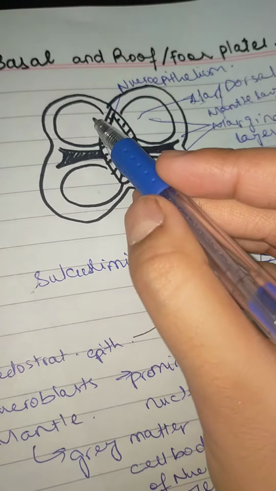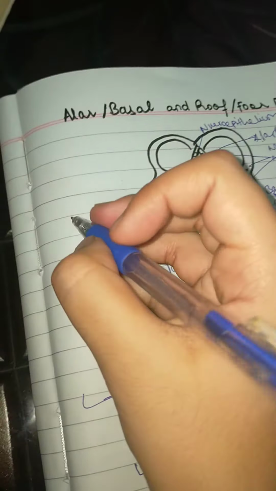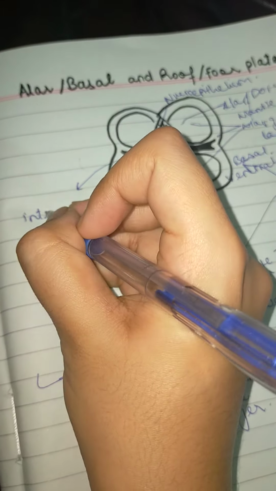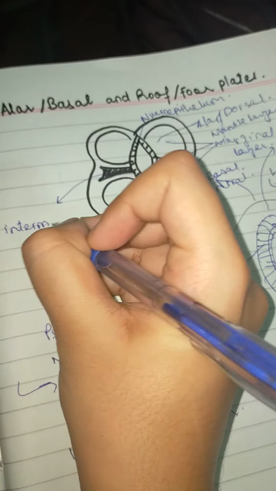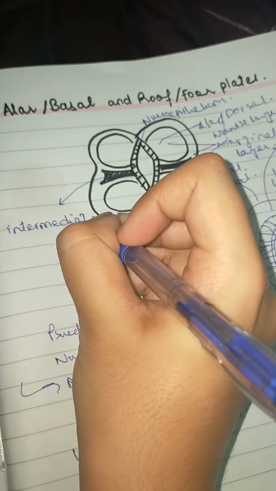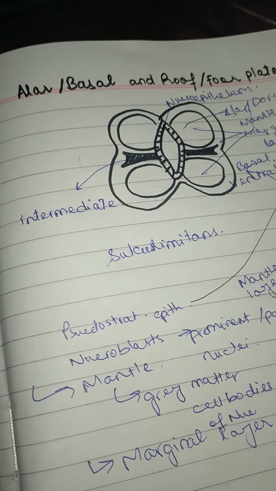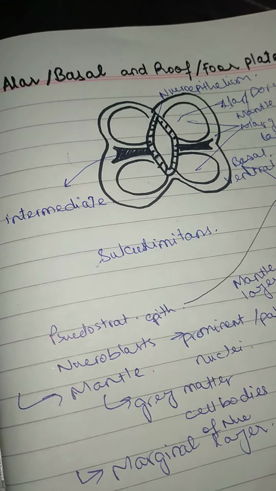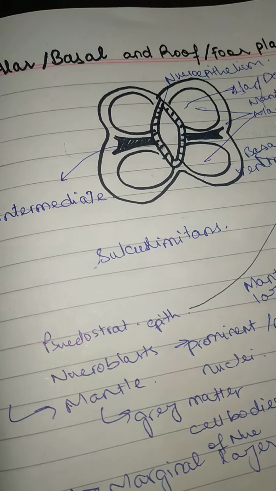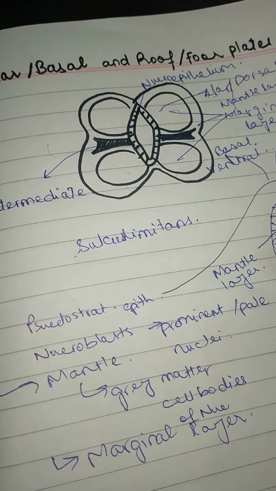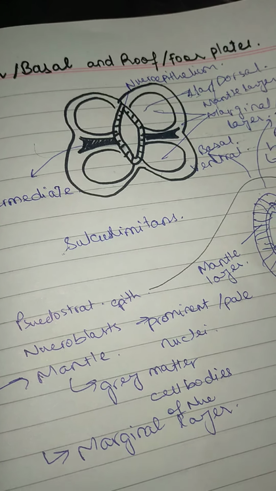Okay, and between the ventral and the dorsal part, we have an intermediate area, which is responsible for the formation of the lateral gray horns of the gray matter, and it is only present in some segments of the spinal cord, which includes the segments from T1 to T12, as well as the L2 or L3 levels of the spinal cord.